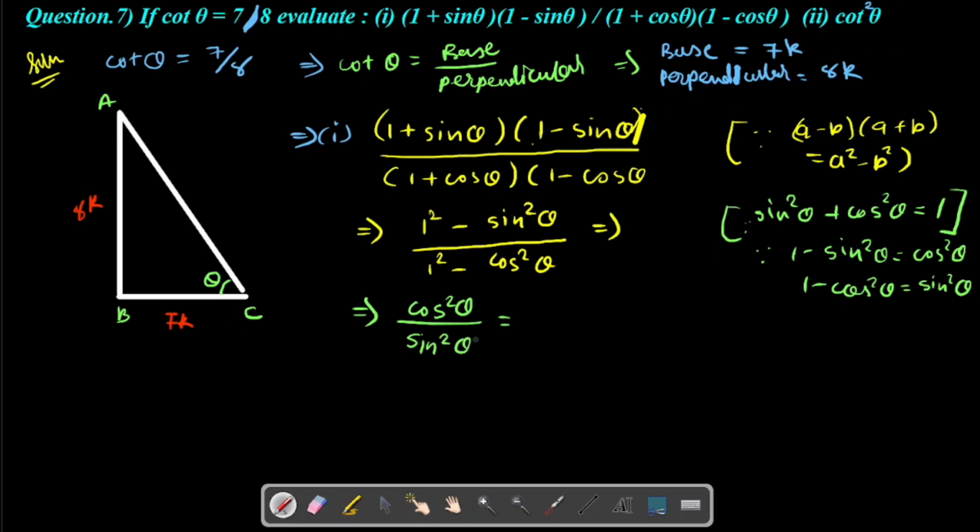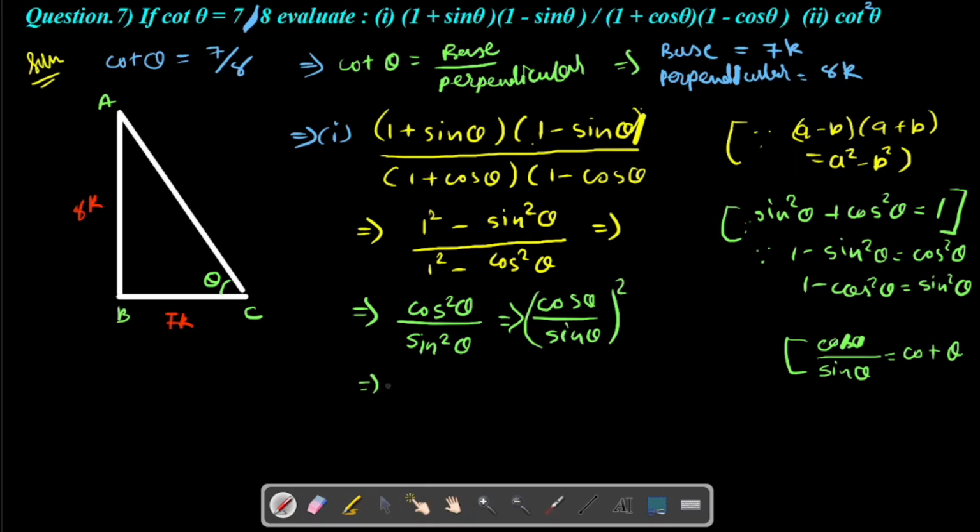But we also know that cos theta upon sin theta is equal to cot theta, right? First we write it as cos theta upon sin theta whole square.